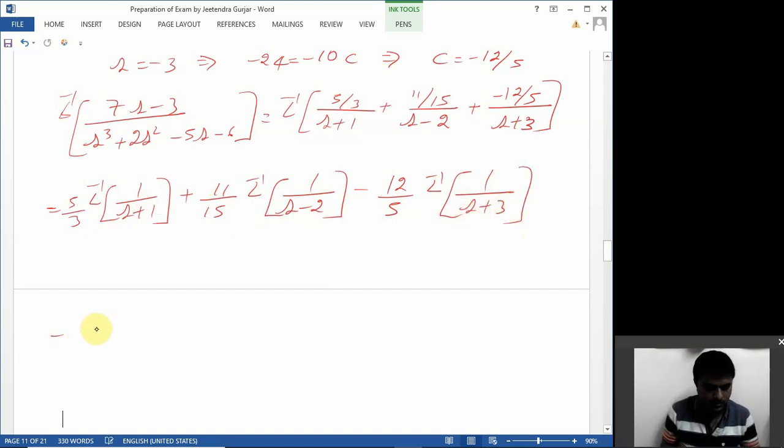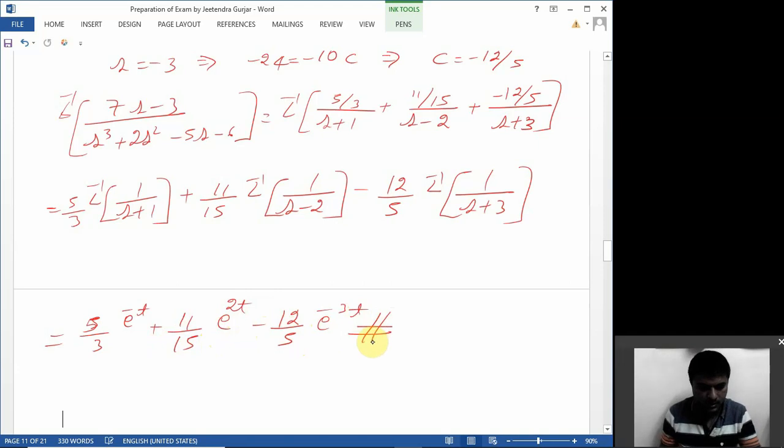So this is 5 by 3, and 1 divided by (s plus 1) is e raised to minus t, from the formula I will get this, plus 11 divided by 15 e raised to 2t, minus 12 upon 5 times inverse Laplace of 1 divided by (s plus 3), which is e raised to minus 3t. So this is the answer, students. If you have written this answer, you will definitely get 7 marks.